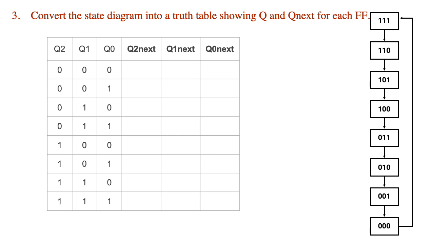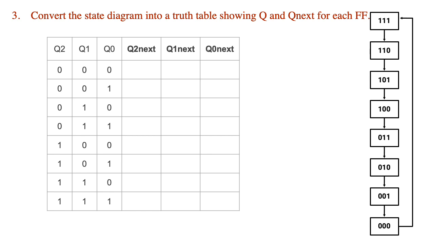Next, from the state diagram, we're going to determine the values of Q next for each flip-flop. On the left columns, we see the current value of Q, and then in the next clock edge, or the next clock cycle, each Q is going to update to the next value according to what we're going to specify now based on the state diagram.